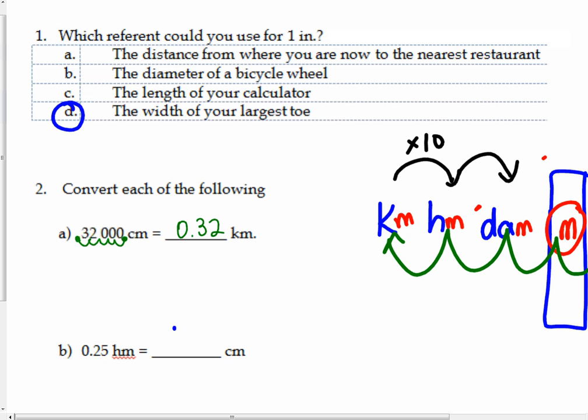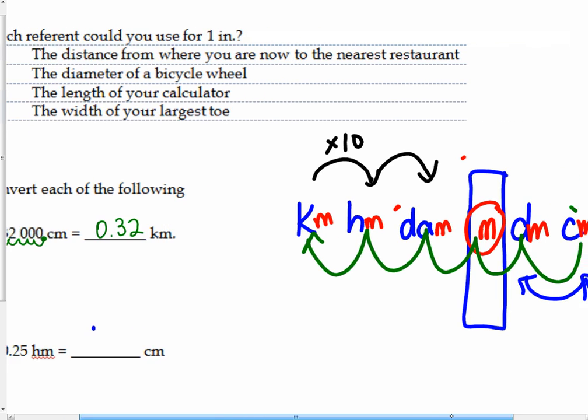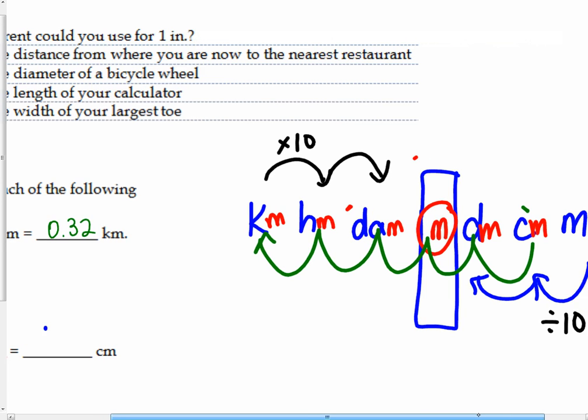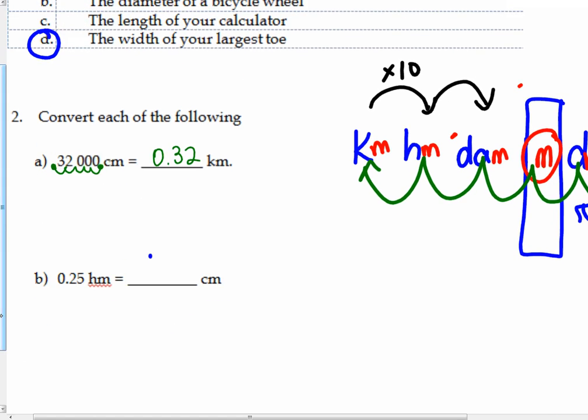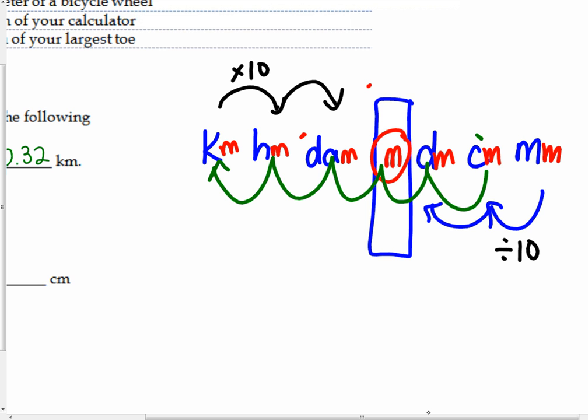Then it'd be 32. Okay, so for example, hectometers to centimeters, I want to go 1, 2, 3, 4 places to the right.